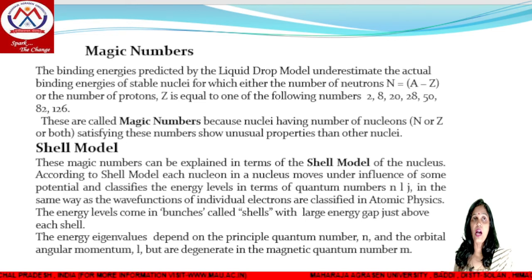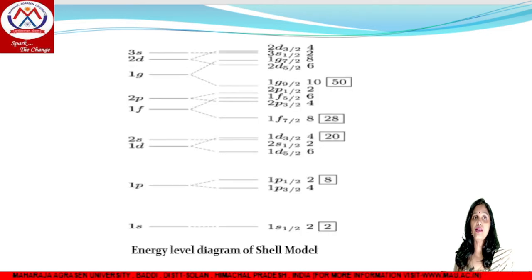Energy levels come in bunches called shells with a large energy gap just above each shell. The energy eigenvalues depend on the principal quantum number n and the orbital quantum number l, but are degenerate in the magnetic quantum number m. This is the energy level diagram for the shell model.